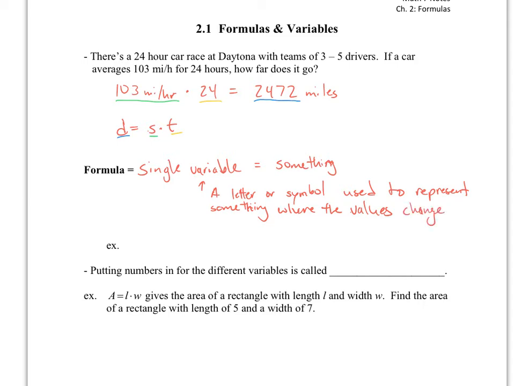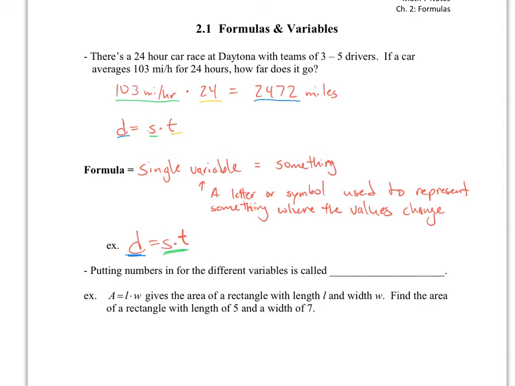So variable, it can vary, it can change. So our example is our distance equals speed times time. Would be an example. It is a single variable equal to something. Even though my something is variables, that's okay.